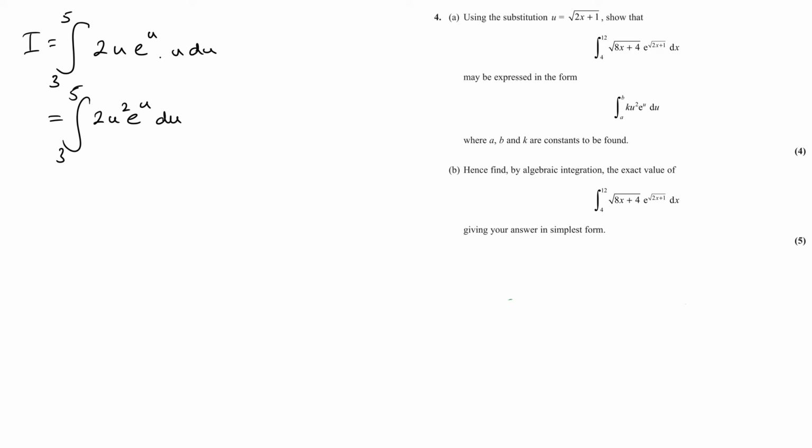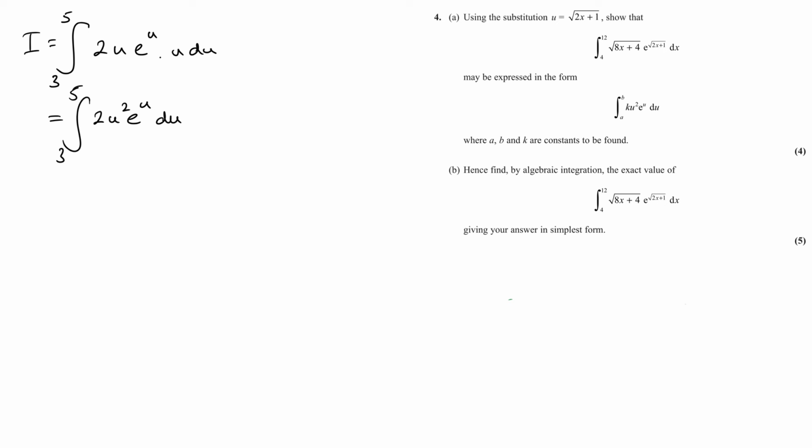Now this is going to be an integration by parts. Now obviously normally we use u and v. It seems a bit weird using u and v in this case though, but it is the same thing. My u squared is going to be my u, and my v would be e to the power u.